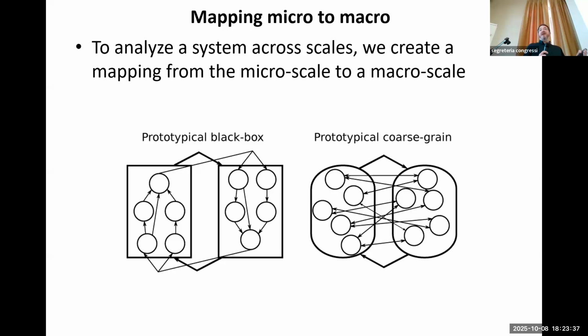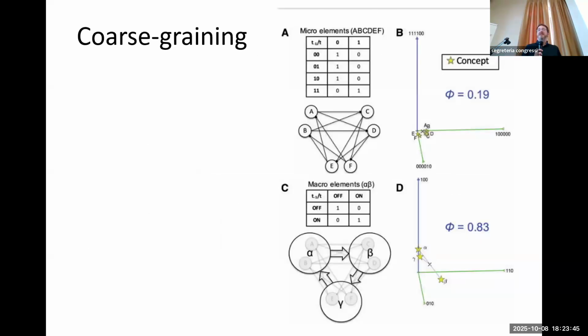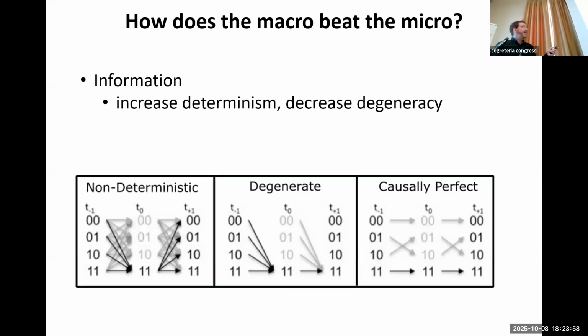If you're a pure information theorist, like Shannon information, you're never gaining anything by going up in scale. So even just as a proof of principle, this was important, to say it's even a coherent idea to look at macro grains and assess their causal power. So with integrated information, we see that we can have increased causal power. And how does it do it?